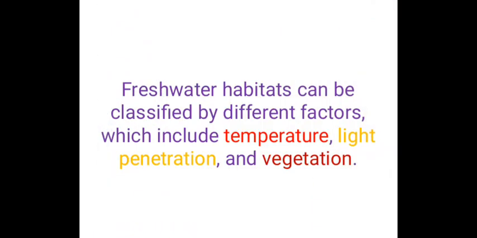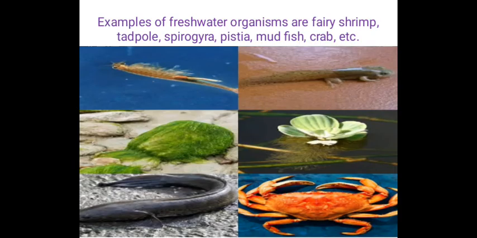Freshwater habitat can be classified by different factors which include temperature, light penetration, and vegetation. Examples of freshwater organisms are fairy shrimp, tadpoles, spirogyra, mudfish, crab, etc.